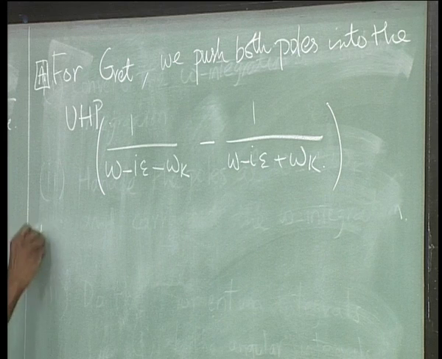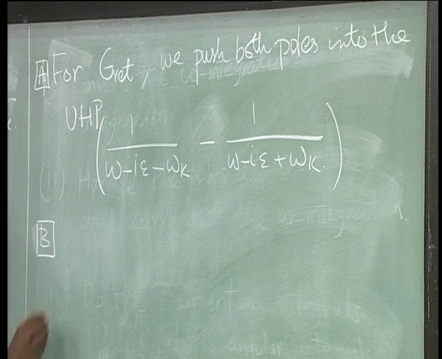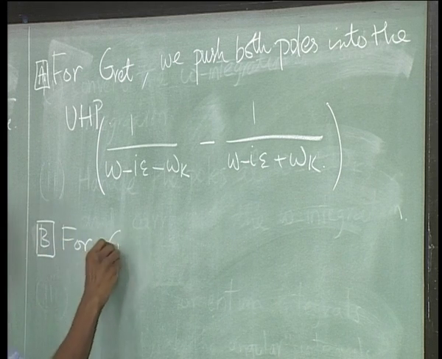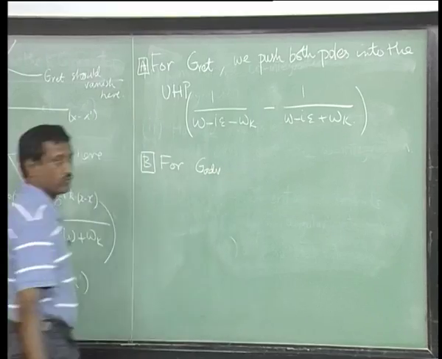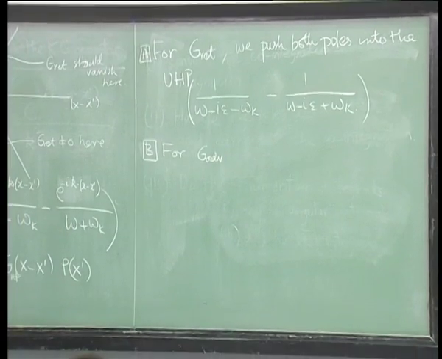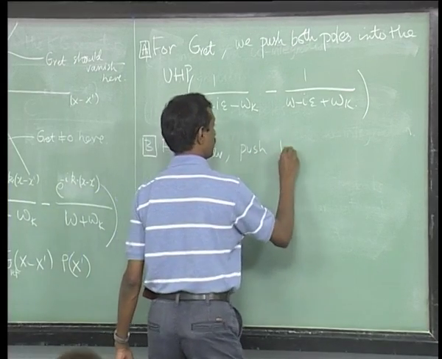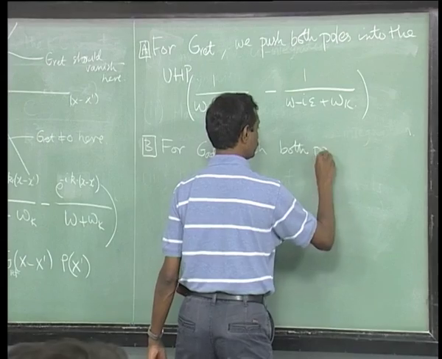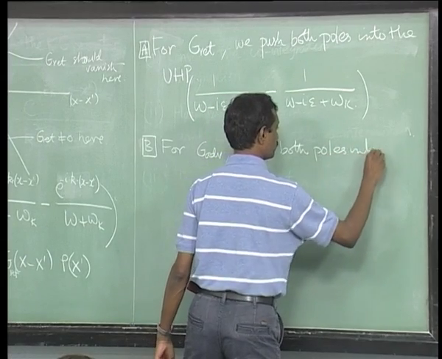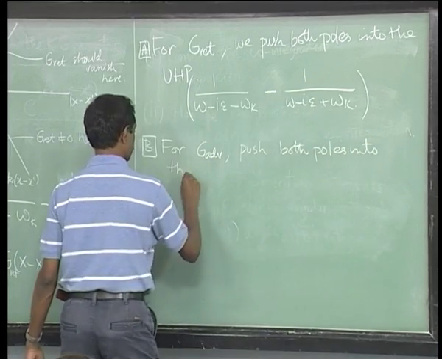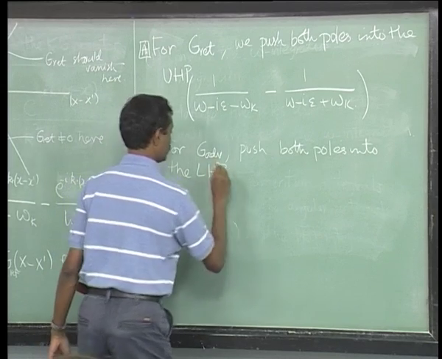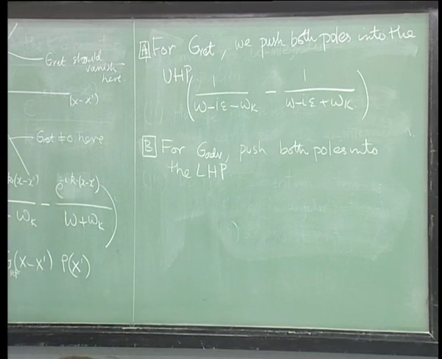What about the opposite, if you wanted? For G advanced, we just do the opposite, which is to push both poles. Okay.